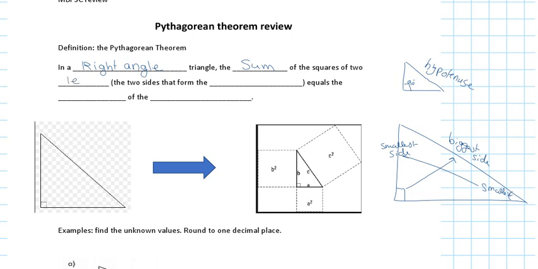So the two legs are the two sides that form the right angle. I'll explain this in a second. Equals the square of the hypotenuse.